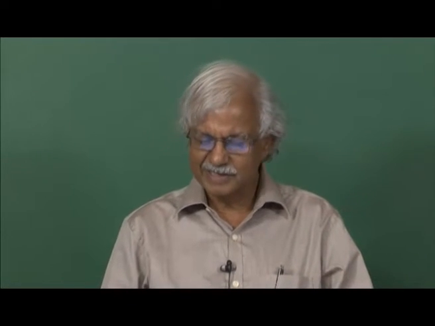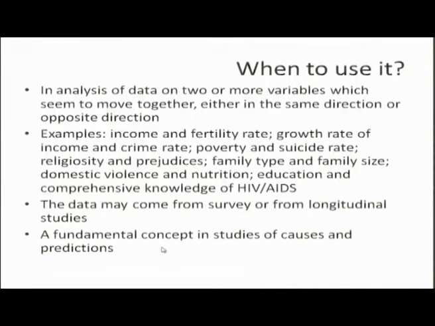It is a fundamental concept in studies of causes and predictions, because the term cause in social science means that if there is a variable say x, usually independent variables are shown by x and dependent variables are shown by y, although there is no hard and fast rule like that. You can do anything.